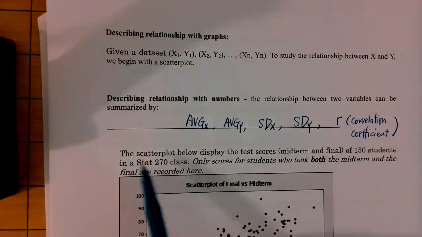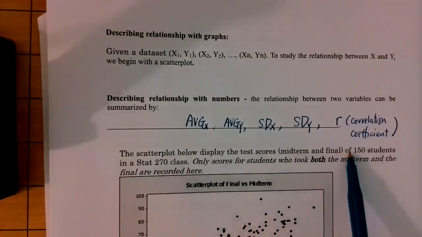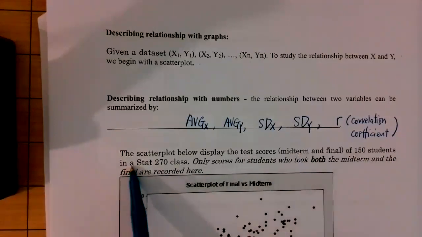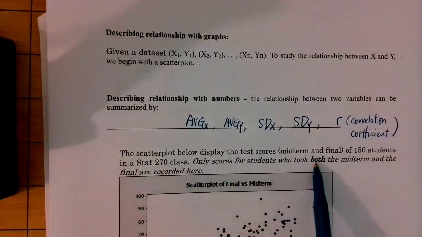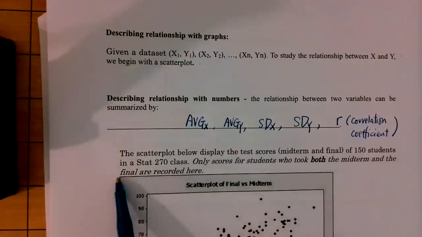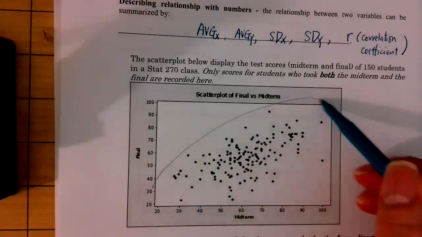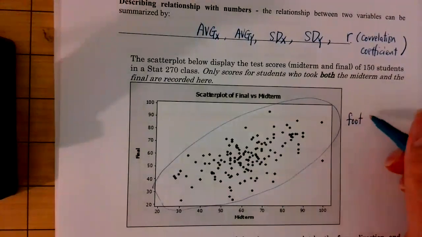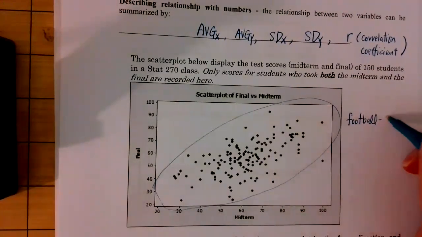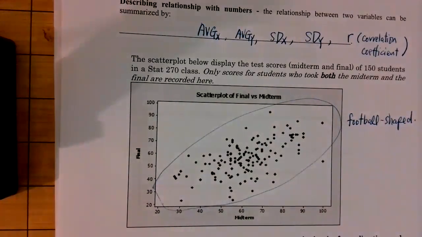Let me give you an example. The scatter plot below displays the test score, midterm and final, of 150 students in a STAT 270 class. Only score for students who took both the midterm and the final are recorded here, okay? So look at the picture. Well, what do you find in the picture? You find this is what? Football shape. Okay, it's football shape.